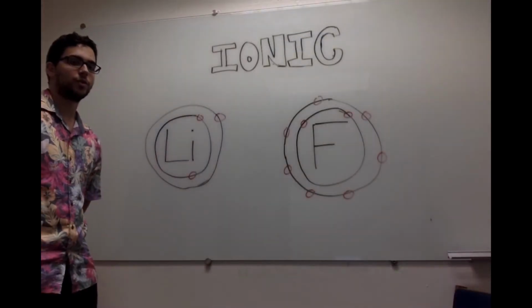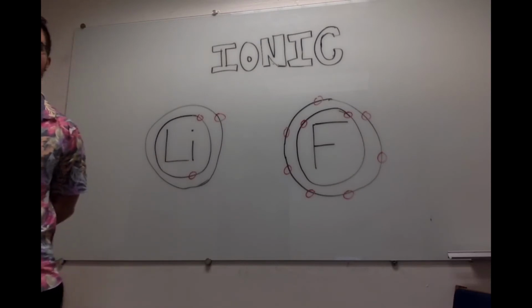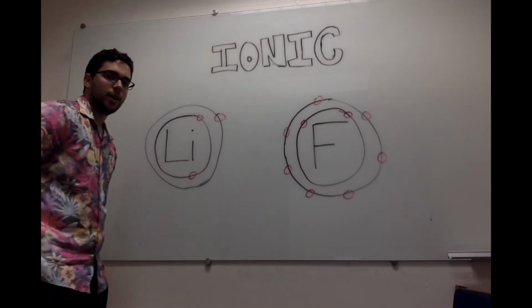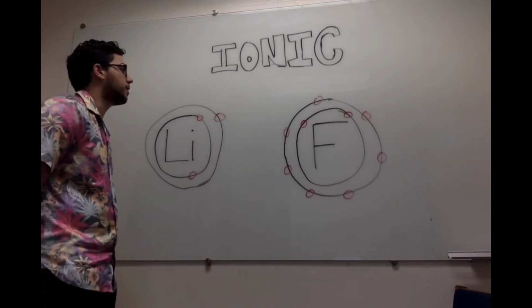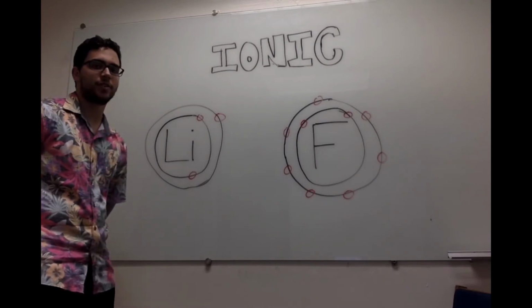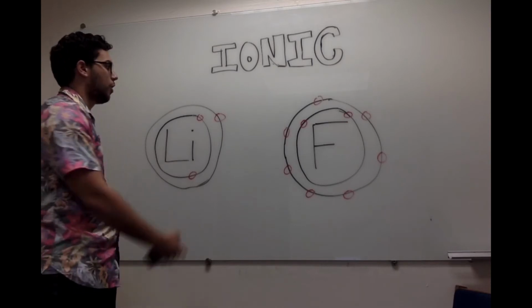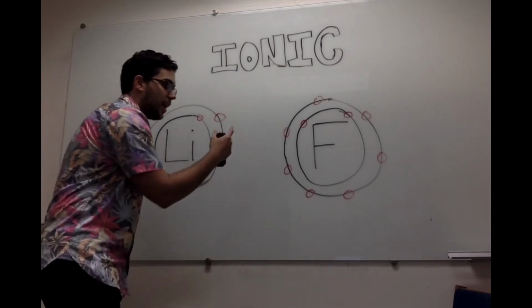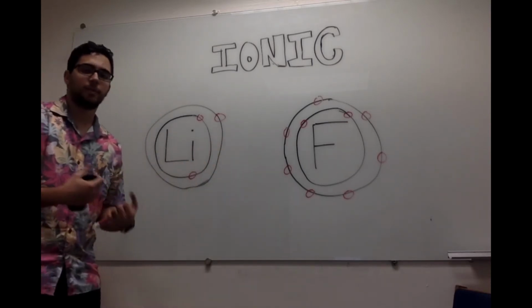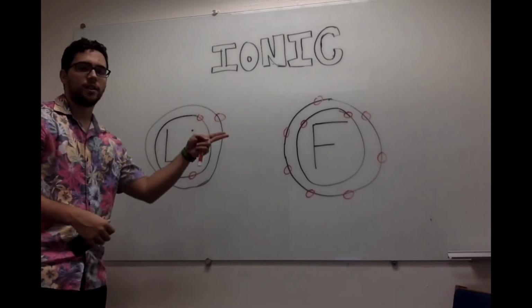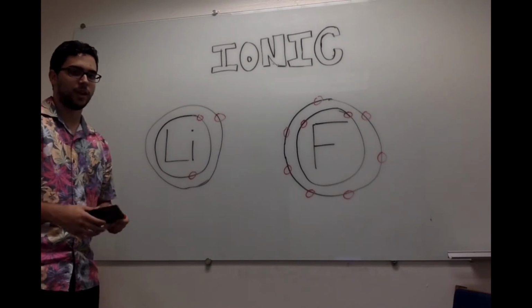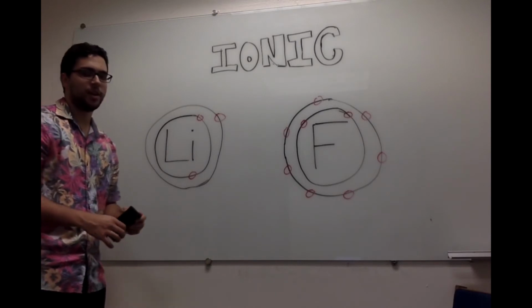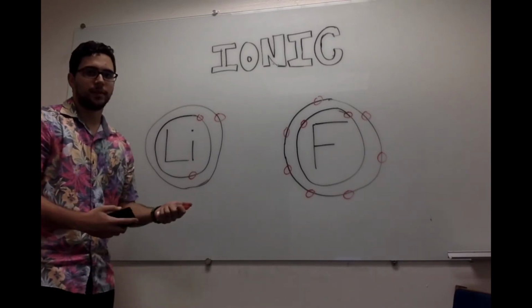The first type of bonds we'll talk about are ionic bonds. These bonds involve the complete giving away of electrons. These bonds are between metals and nonmetals. This is because metals will want to give away their electron, while fluorine, the most electronegative element, will want to accept it.